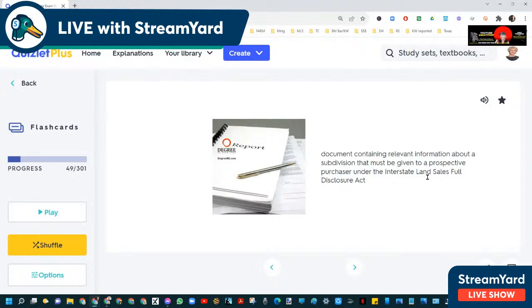So a report, it says here a report containing relevant information about a particular subdivision, not the city, not the county, not the state, but a subdivision that must be given to a prospective buyer. A customer, a client, they're a prospective buyer under the Interstate Land Sales Full Disclosure Act. So what will that be?